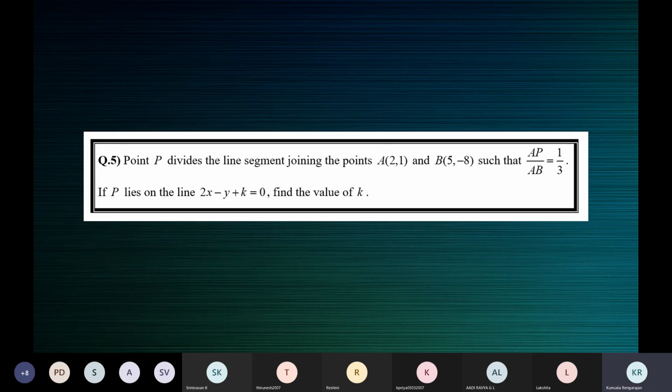Take any point P on it. Ratio is given to you, AP by AB. See if that is the required ratio or you need to find the required ratio. Use all this information and find the coordinates of P.